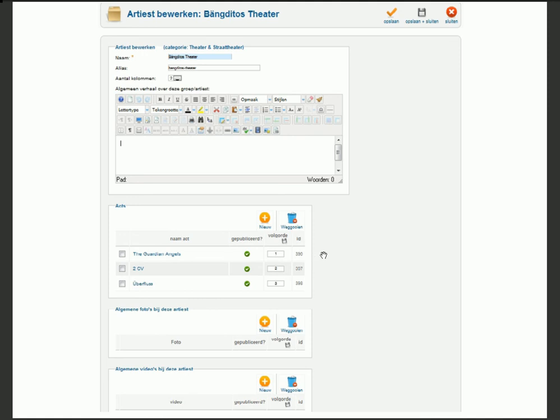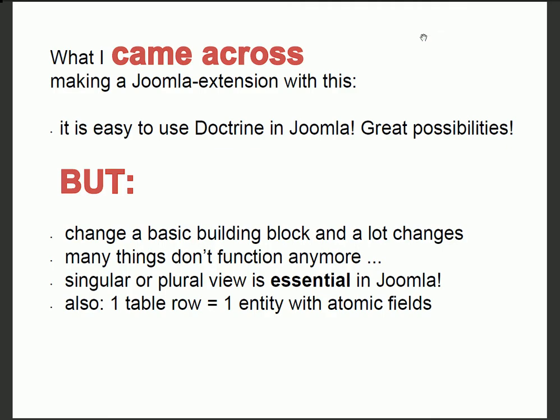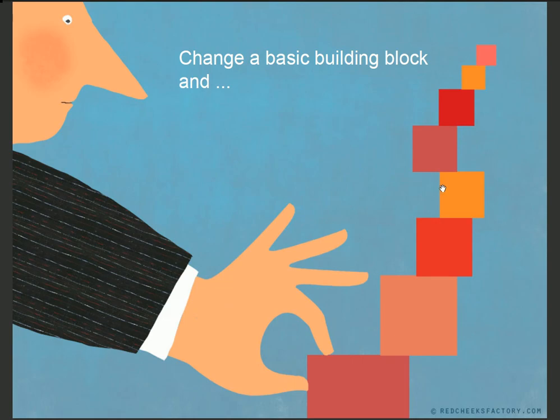It's all a bit messy. That has to be reworked. I have done it for this, but I'm working on it to make that a bit more general. So you change a basic building block and a lot of things are changing.